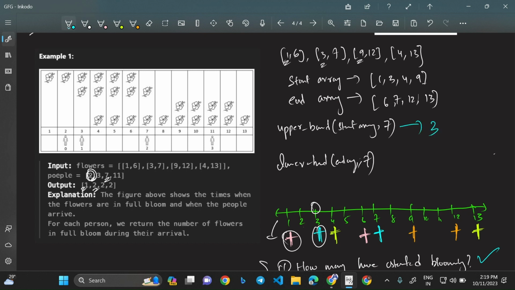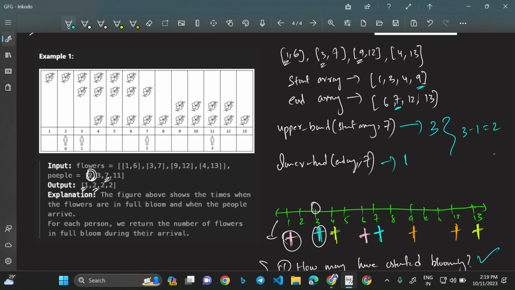Why does it give 3? Because when you apply upper bound on 7, it gives the index of the element which is just greater than 7. 9 is just greater than 7, and its index is 3. And lower bound on 7 gives the index of the element which is greater than or equal to 7. Here we have a 7, so we get 1. So the difference is 3 minus 1, which is equal to 2.